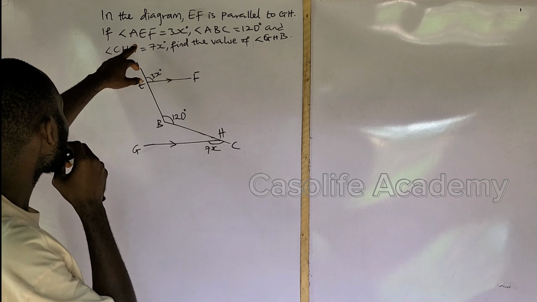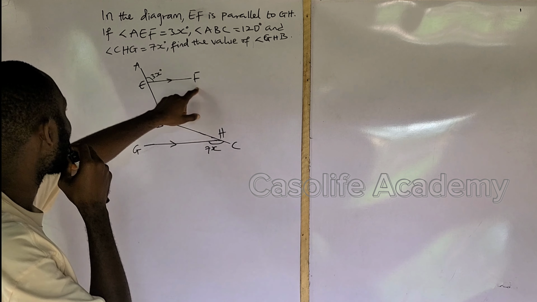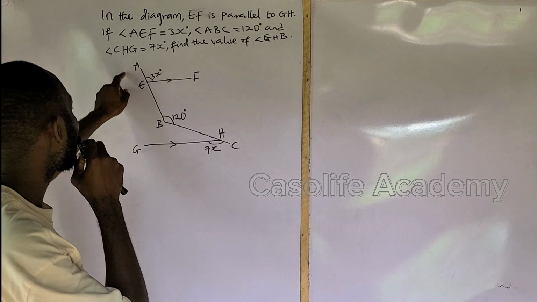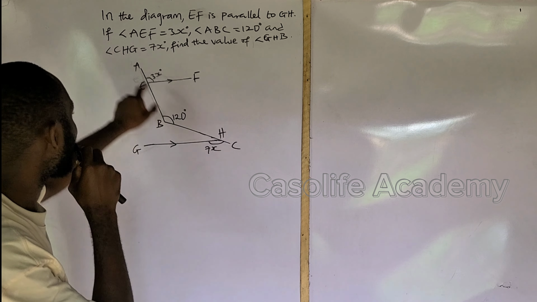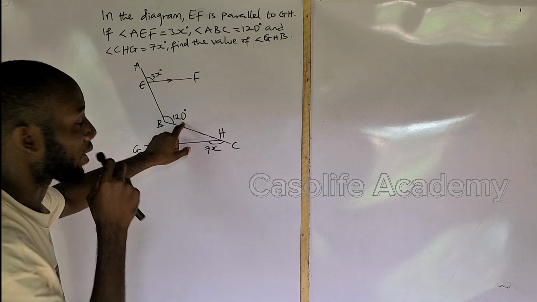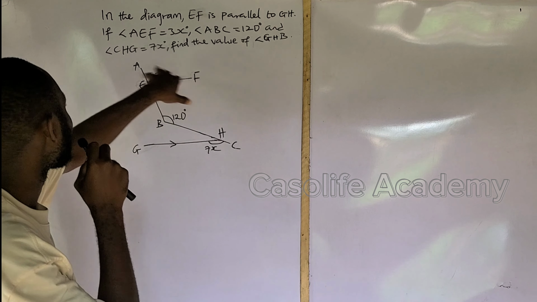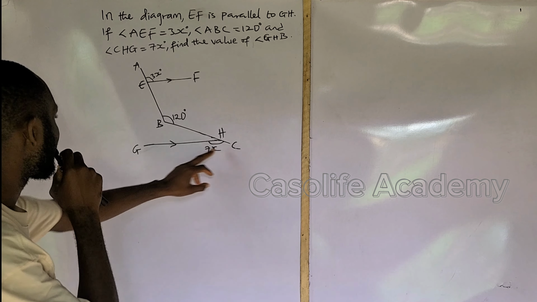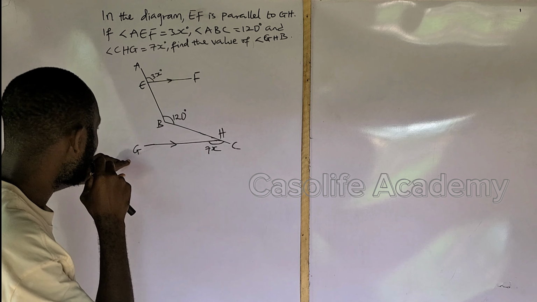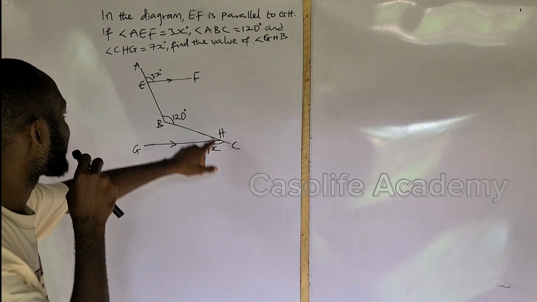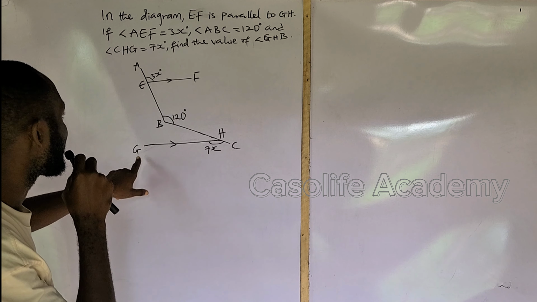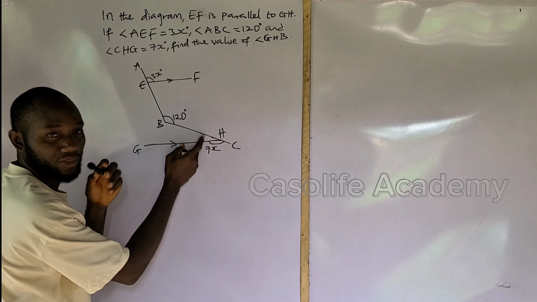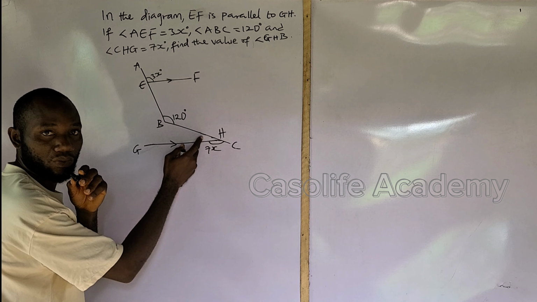If angle AEF is 3x degrees, as we can see here, angle ABC is 120 degrees, and the angle CHG is 7x, we should find the value of angle GHB. So that means we are looking for this angle here. That's what we are looking for.